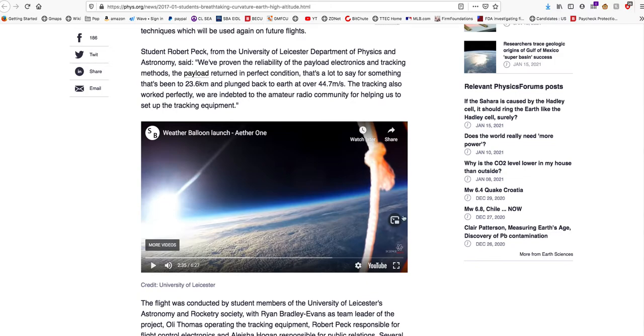Look at that. Where's the curve right now? If anything, it's doing more of a bowl shape. And again, that's because of this GoPro lens. And just use your eyes to watch the video. There is no curvature of the earth at all.